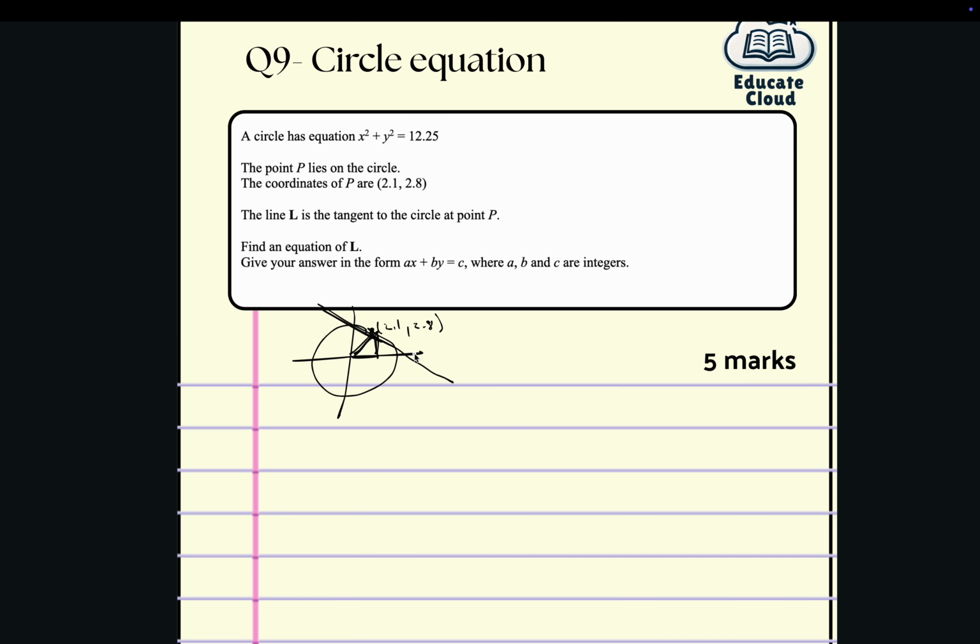Or another way that you could also do this, actually let's do it like that. So you're going to have 2.8 divided by 2.1.